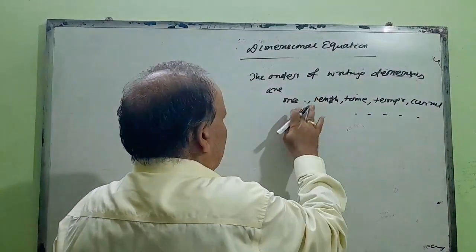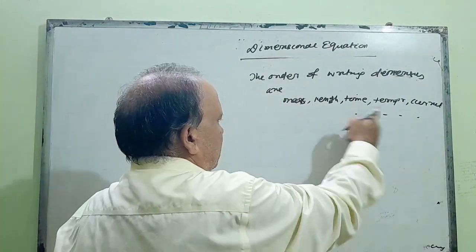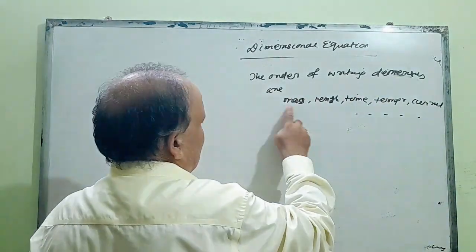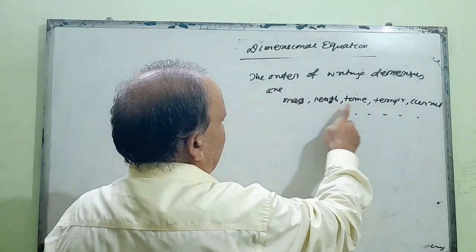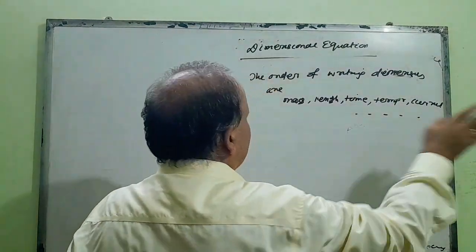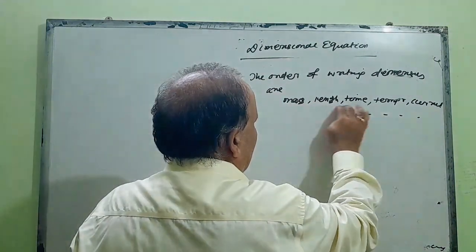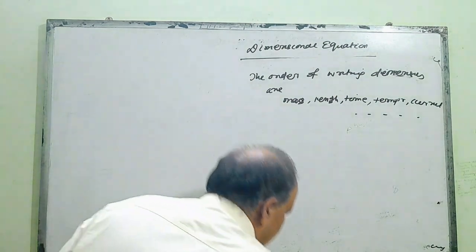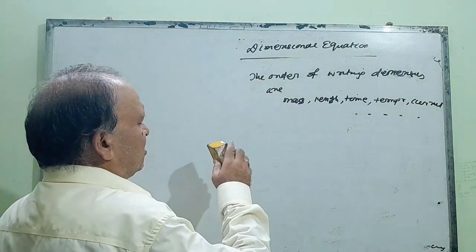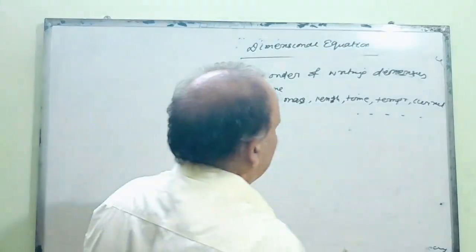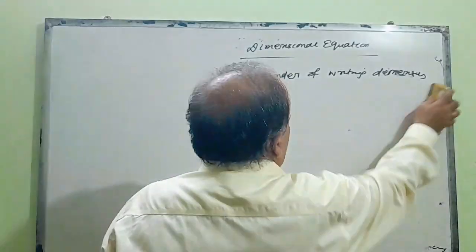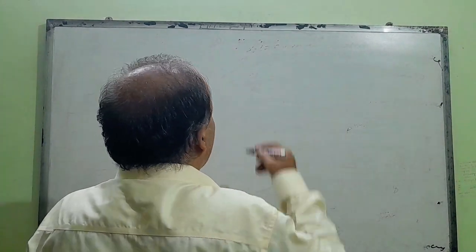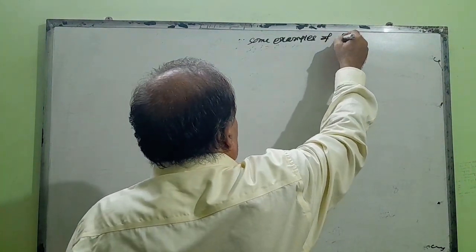First you write mass. If mass is absent, you can start from length. Length, time, temperature. The order of writing dimensions is first mass, then length, then time, temperature, current, or anything else. Now, these are the dimensions, dimensional formula and the dimensional equation of a physical quantity. Next come here some examples of dimensions.